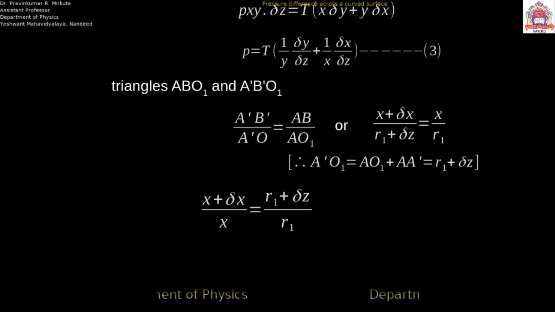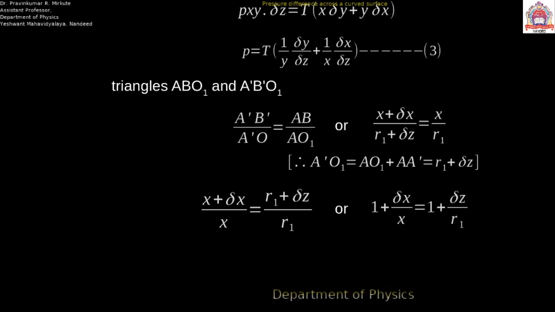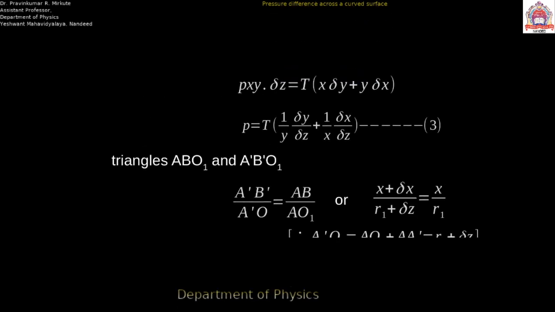So we can rearrange it. So (x plus delta x) by x is equal to (R1 plus delta z) by R1, or 1 plus delta x by x is equal to 1 plus delta z by R1. Now delta x by x is equal to delta z by R1.